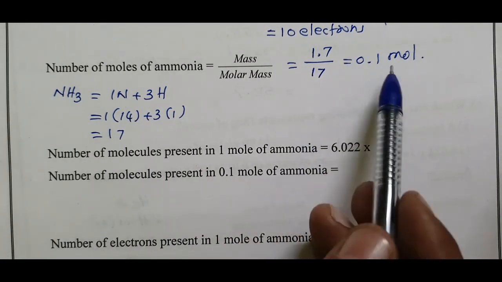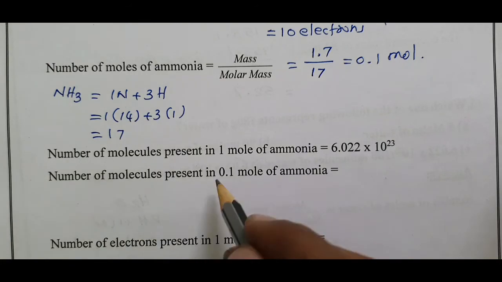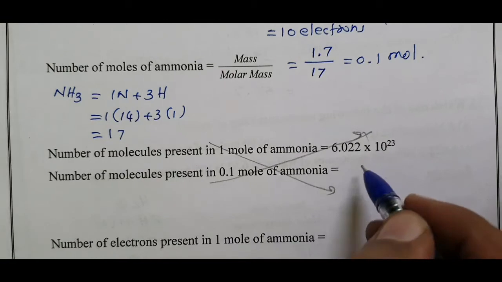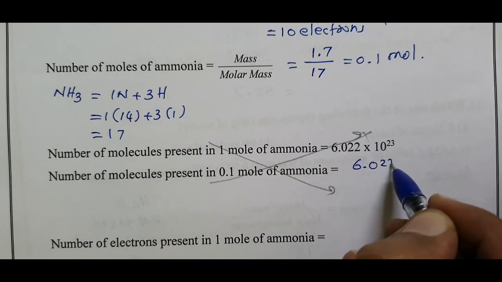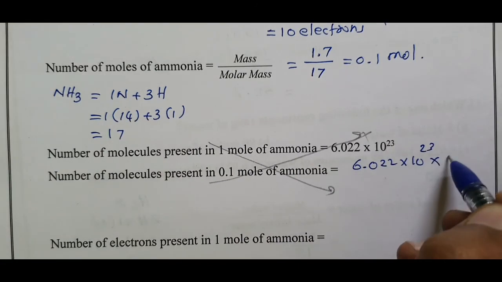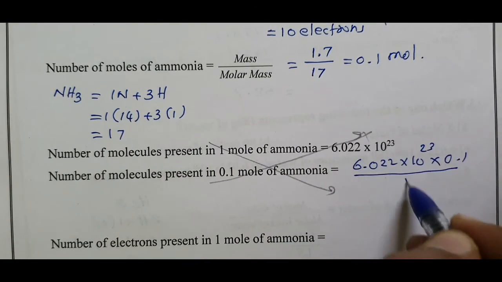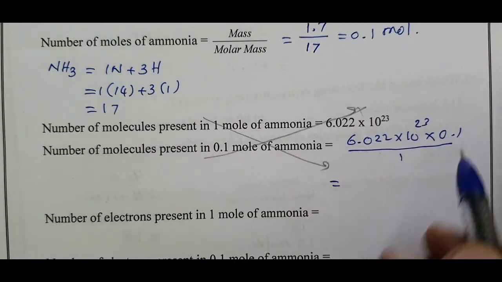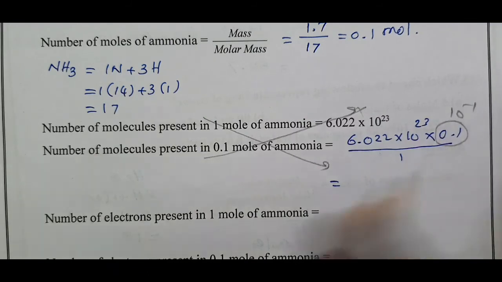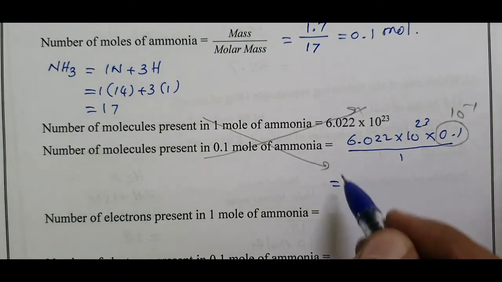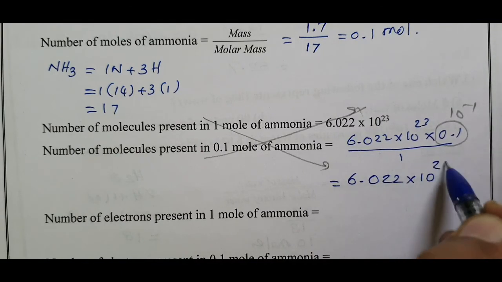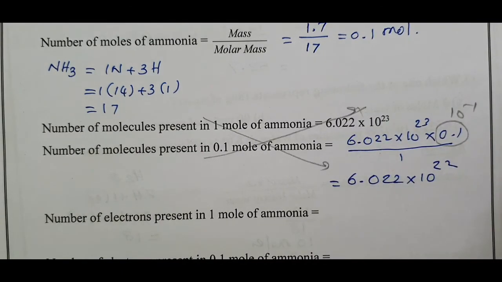The number of molecules present in 0.1 mole of ammonia is found by cross multiplication: 6.022 into 10 power 23 into 0.1, which is 10 power minus 1, so that gives 6.022 into 10 power 22.